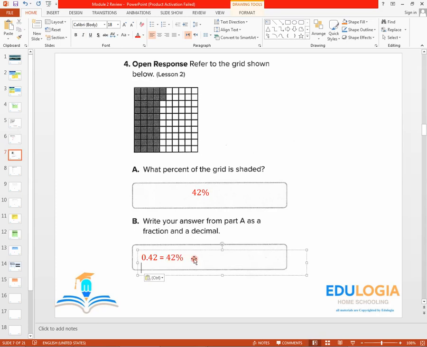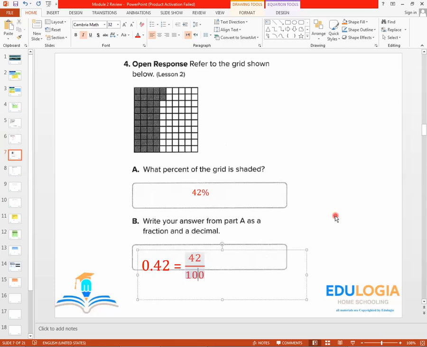42 as a fraction. We need a fraction. It's 42 over 100, right? Dividing by 2 up and down.